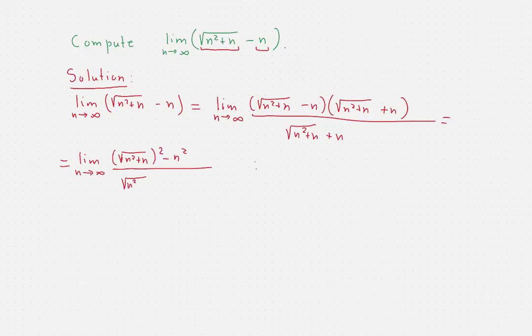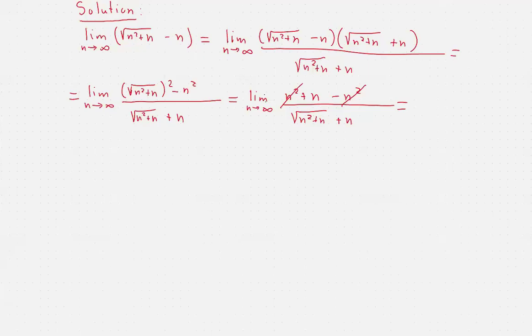So this is the limit as n tends to infinity of n squared plus n minus n squared. The square root and the square cancel each other. And now we have a nice cancellation, and notice that we don't have any negative signs. So we have really a situation that resembles what happens when we have a rational function.